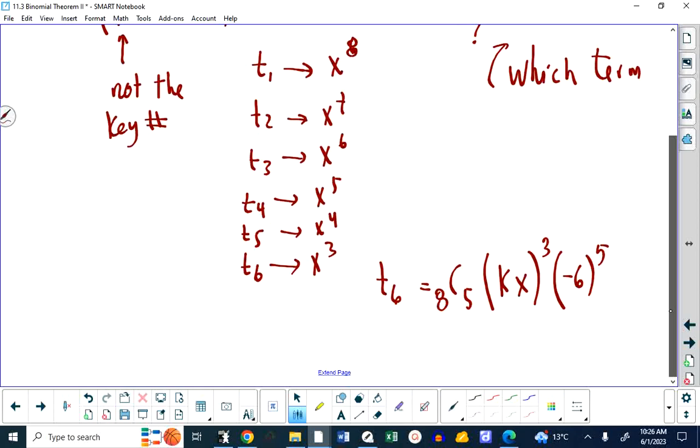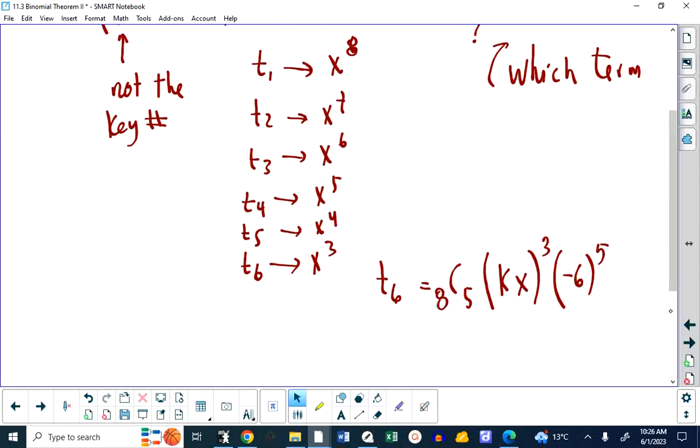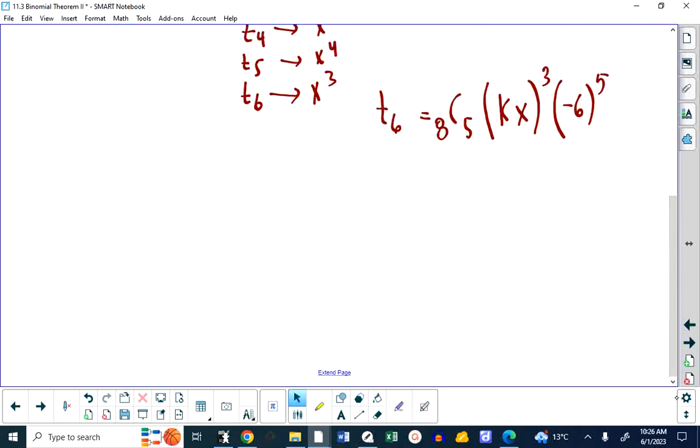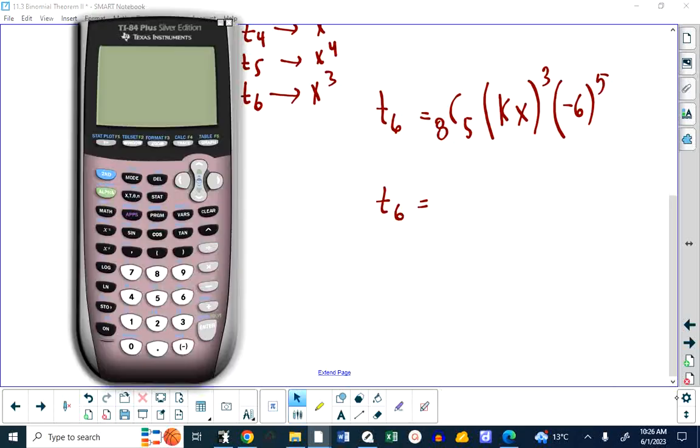Let's simplify this. You'll want to grab your calculator because I want you to figure out what the coefficient is going to be, and the coefficient is going to be monstrous. 8 choose 5 times negative 6 to the 5. Well, monstrous is a relative word, but negative 6 to the 5, even that is a pretty big number.